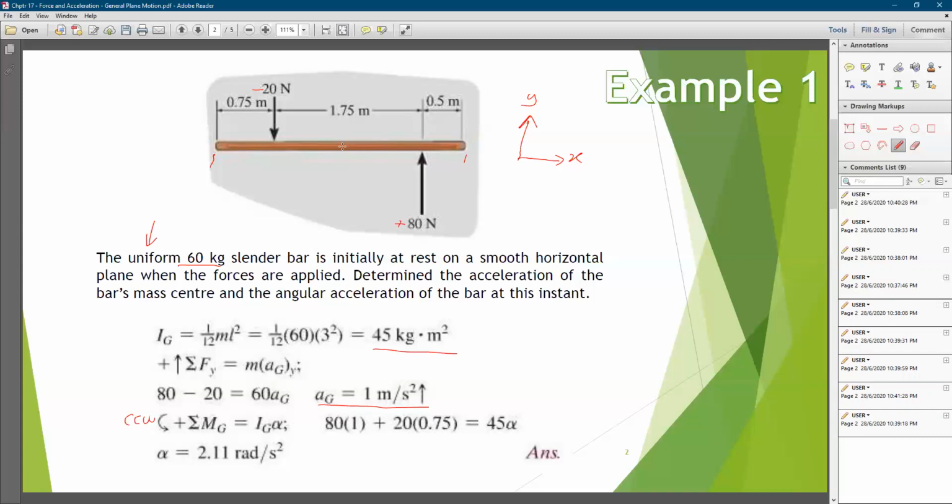When we have a uniform weight, that means the weight is acting at the center of this slender bar, and therefore point G is in the middle here, from this to that one.